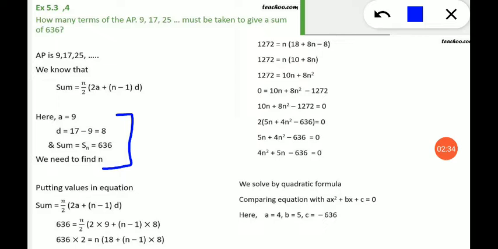We will substitute these values in our formula. Sn is equal to n by 2 (2a plus (n minus 1)d).